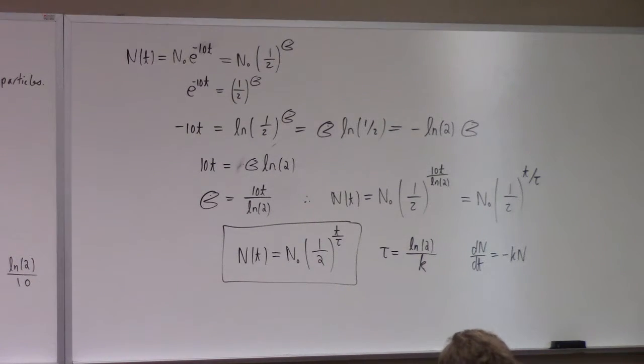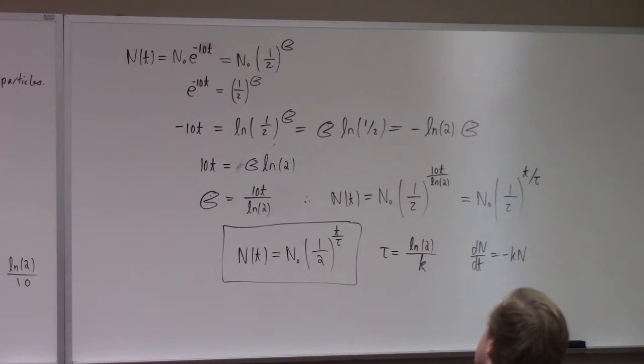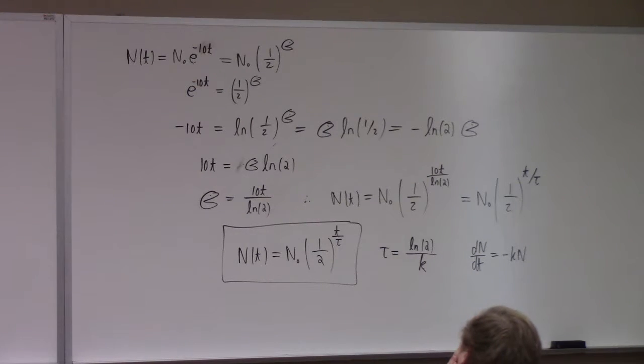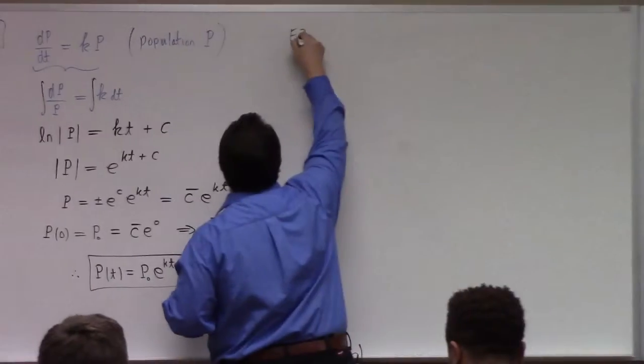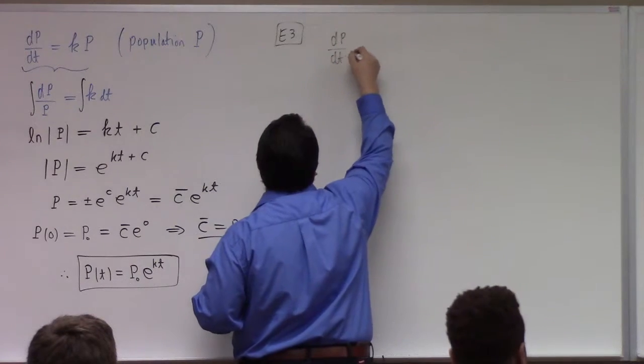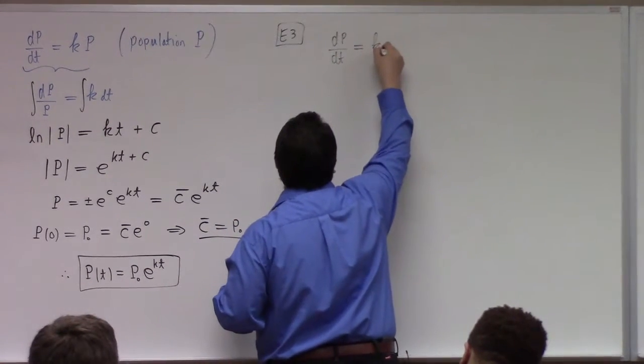All right, I think I'm getting too far into the application here. Let me go to my next example. What if we had dp/dt equal to kp?